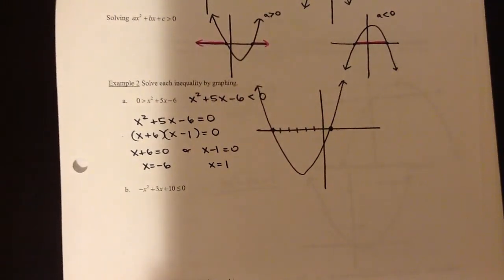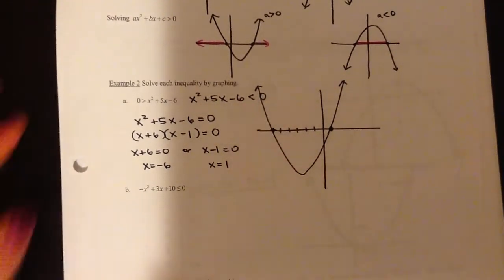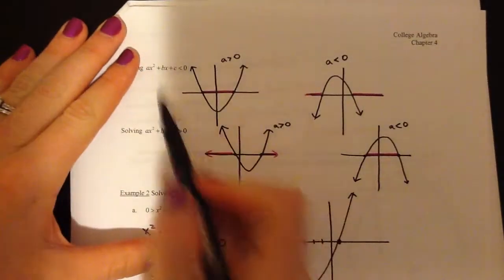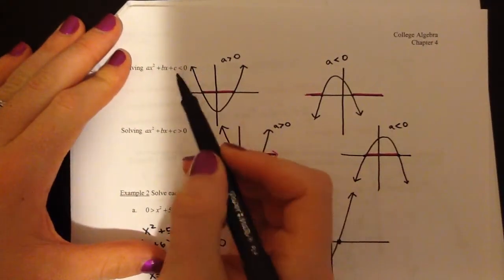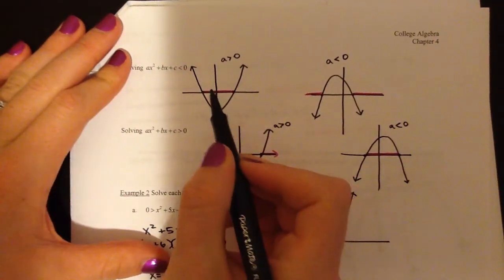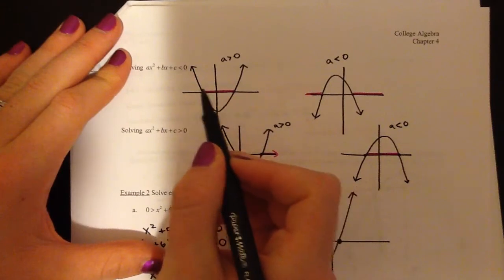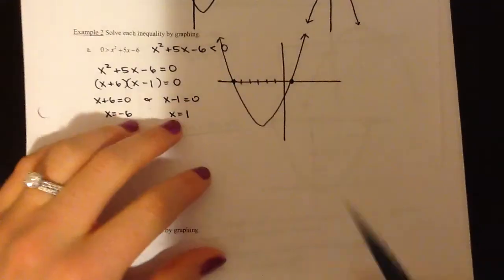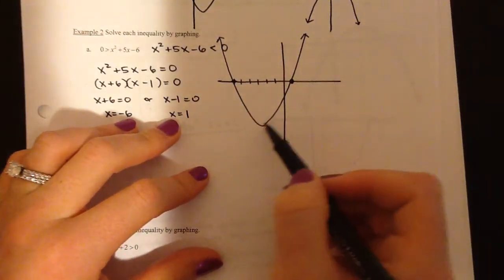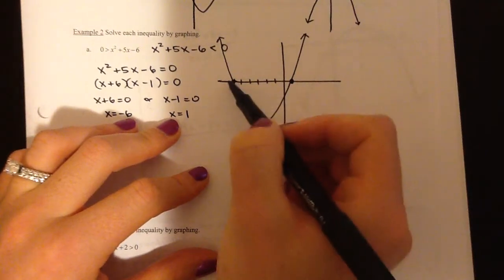Okay, so now what I'm looking for is where this graph is less than 0. So if you kind of follow this pattern here, my graph looks like this. I want it to be less than 0, which means I want the range of x values in between my x-intercepts. Because this right here, this is where my graph is below the x-axis.